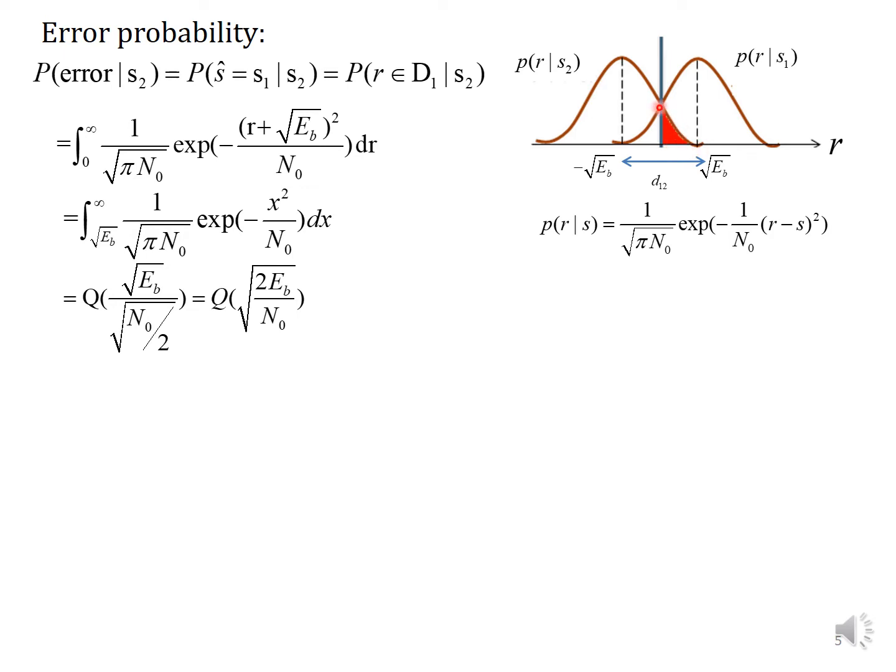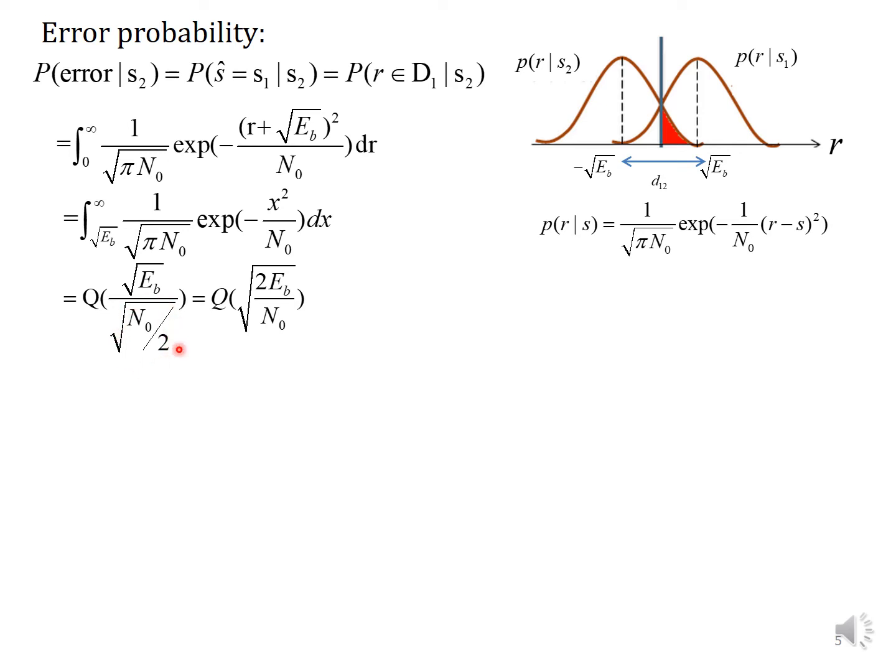So for a Gaussian distribution with mean value of 0 and variance of N0 over 2, this tail probability would be, remember in chapter 2, the Q function of half of d minimum over the standard deviation.